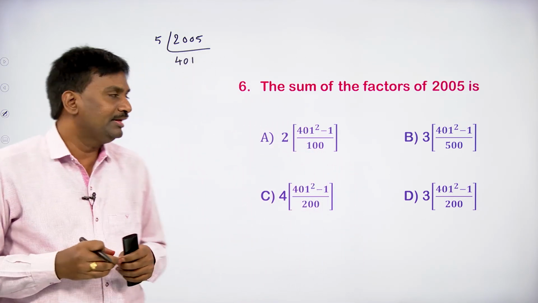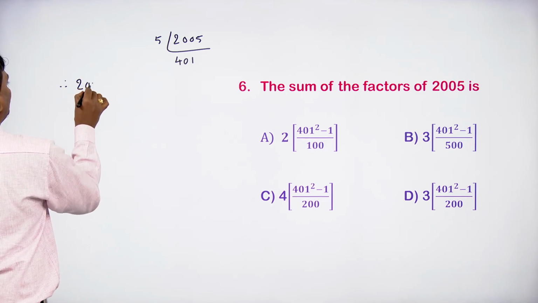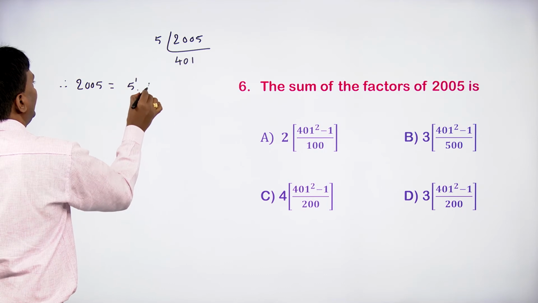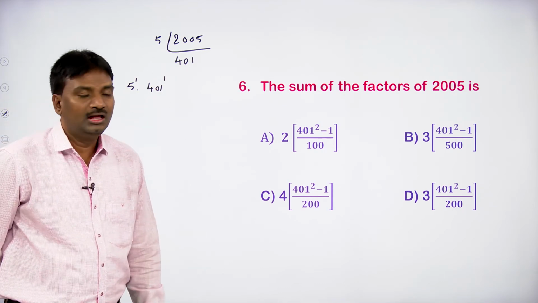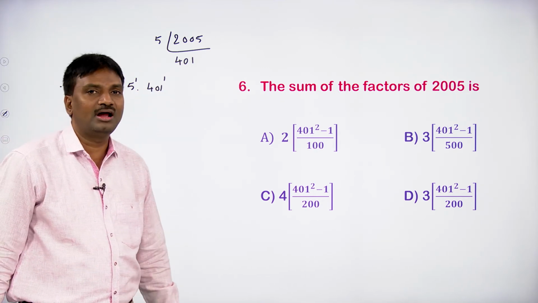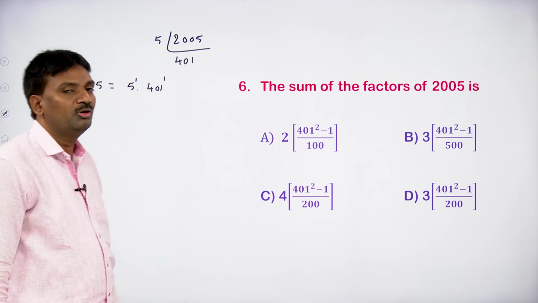So we can express the number 2005 as 5 power 1 into 401 power 1. Now this is in the form of P1 power alpha 1 into P2 power alpha 2.